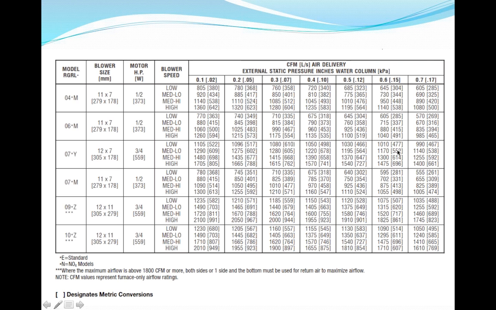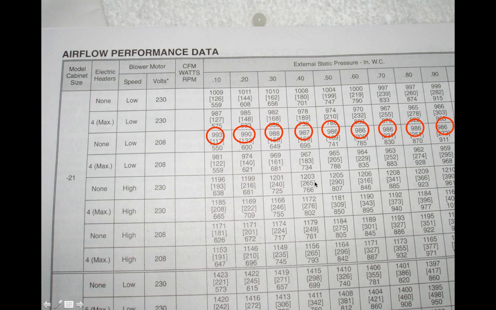So basically it flatlines. But let's go back to that one example there and remove these circles and take a look at the power consumption, the watts. 117 all the way up to 272. That's well over double the power consumption for actually a reduction in the amount of airflow.